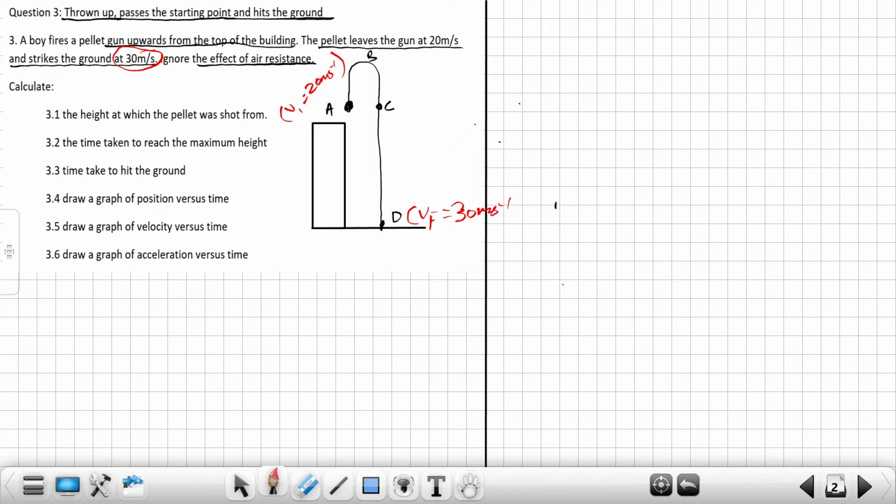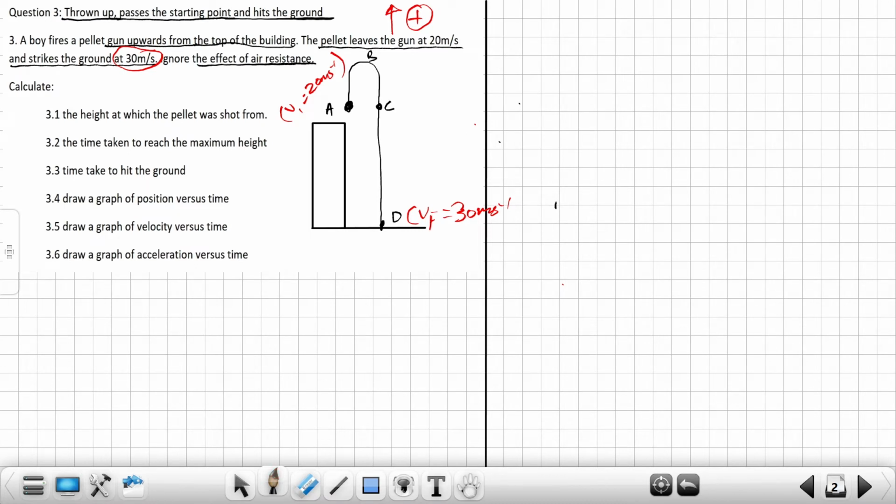But remember, we are working with vector quantities here, so it is always advisable to indicate the choice of direction. So I'm going to choose up as positive, so I will be able to answer and look into the questions that are given.